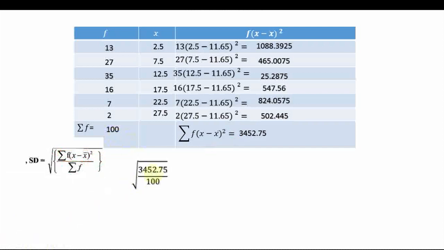We are going to have like this. Okay, then we divide this 3,452.7 with 100. So if you divide it, you're going to have 34.5275. Then what is the root? What is the square root of this value here? You should be able to get the standard deviation as 5.88 to 2 decimal places.